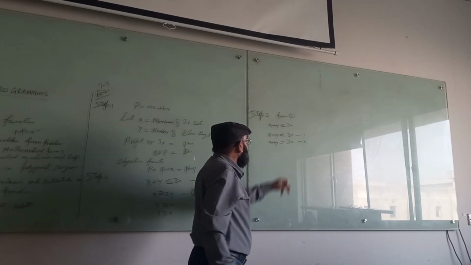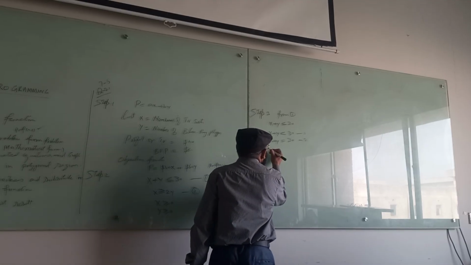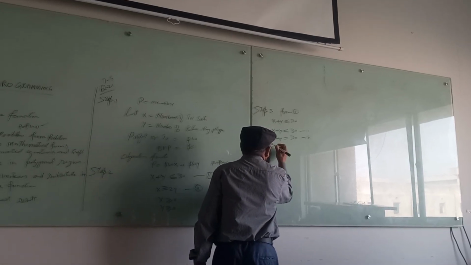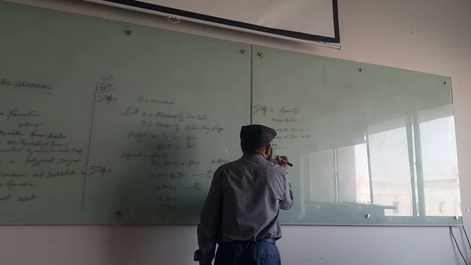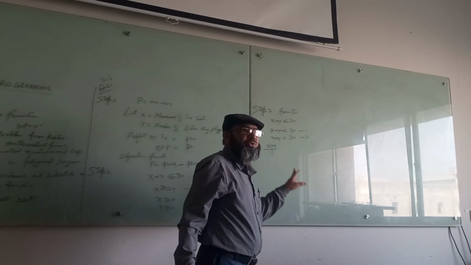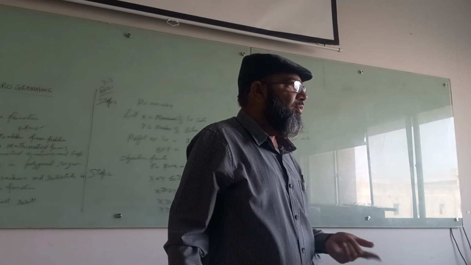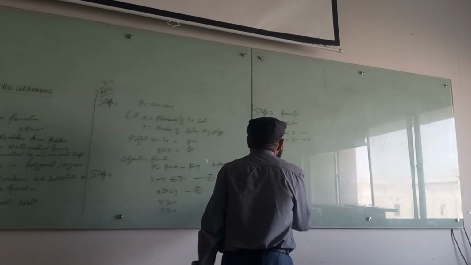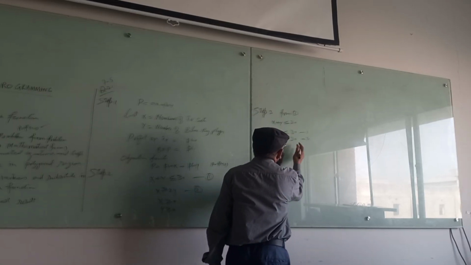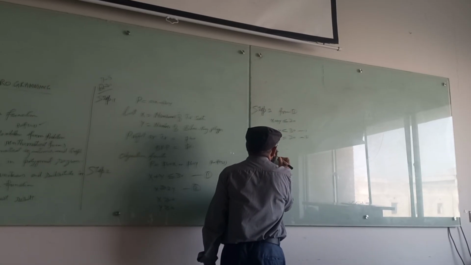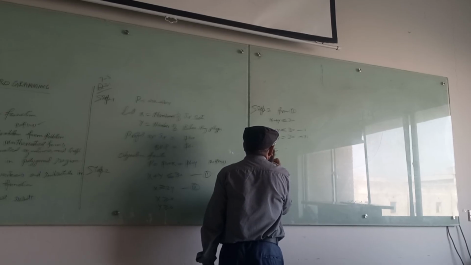Now from the second, x, y. The short method to solve this: when x is 0, what is the value of y? When x is 0, y is 30. When y is 0, x is 30.